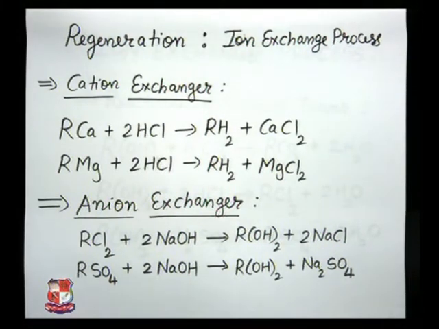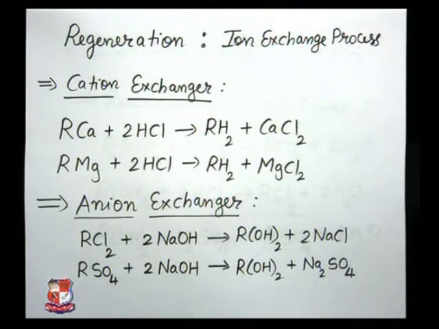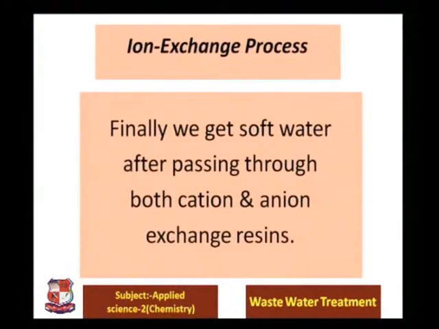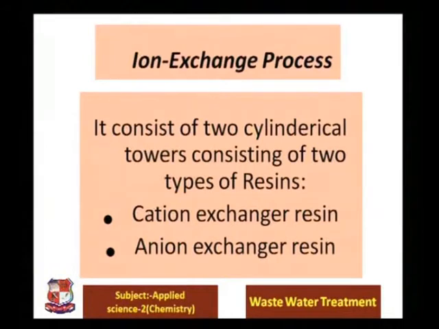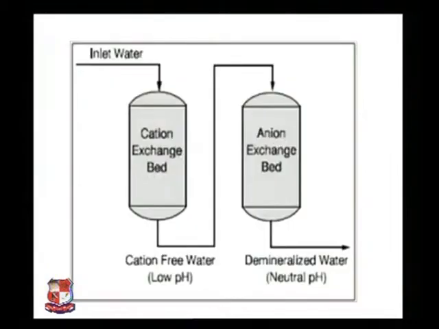Let us try to summarize the process. The ion exchange process has two cylindrical towers which consist of two types of resin. If you see in the diagram, that is the cation exchanger bed and the anion exchanger bed.